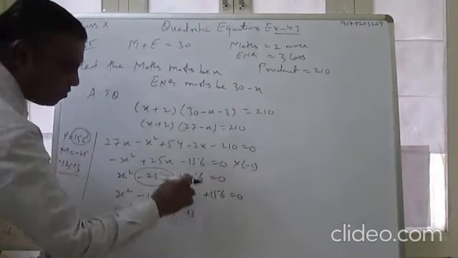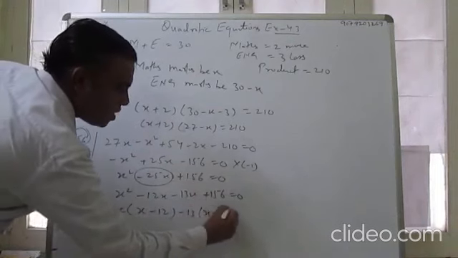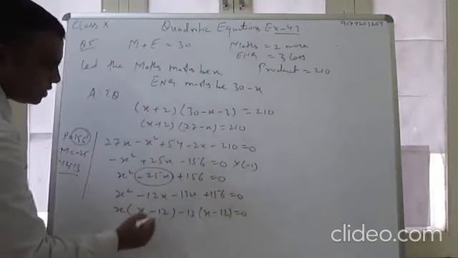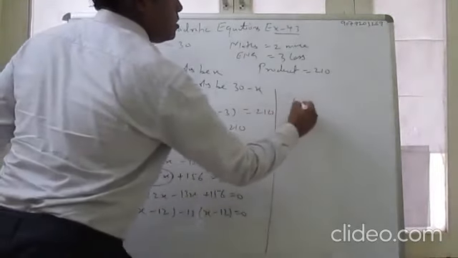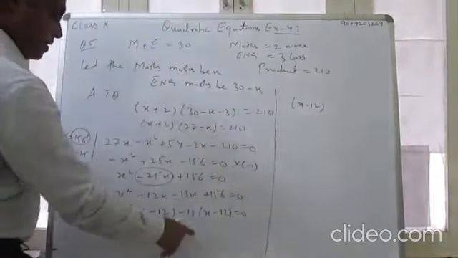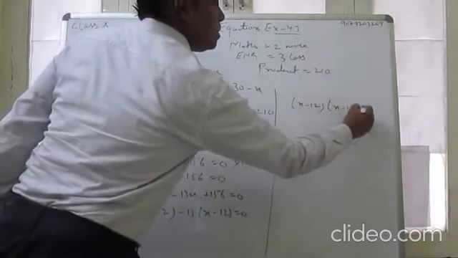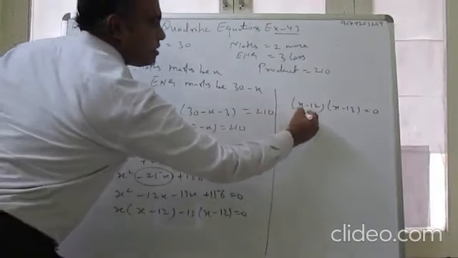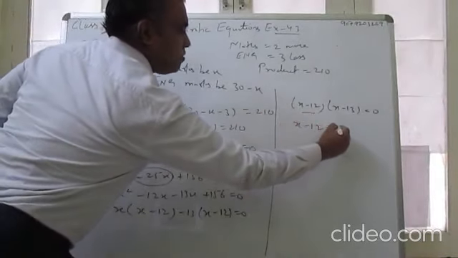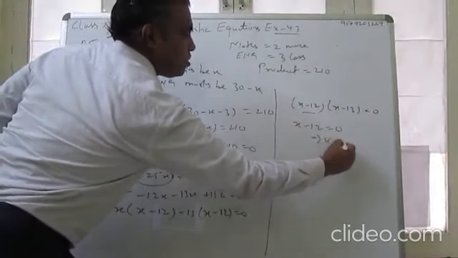So taking 13 out, it is x minus 12 is equal to 0. Again x minus 12 is common, and in the other bracket x minus 13 is equal to 0. If x minus 12 is equal to 0, then x is equal to 12.